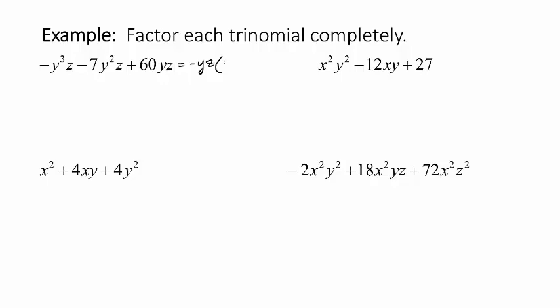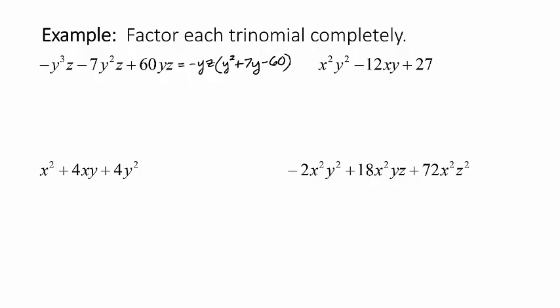So negative yz times y squared gives us negative y cubed z. What would we have to multiply negative yz by to get negative 7y squared z? Positive 7y, right? Now, if we're pulling out negative yz from 60yz, we're going to have minus 60.